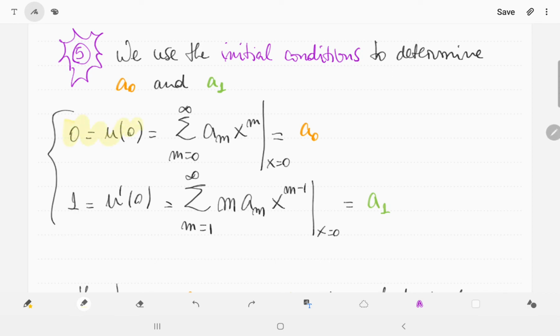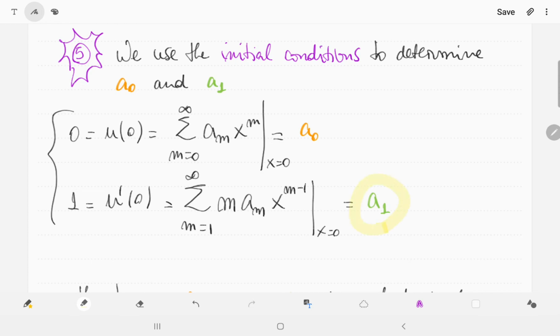The first initial condition was u at 0 is 0. Remember that u is this power series, so when we evaluate this at 0 we get exactly a0, so we have a0 is equal to 0. And the derivative of u at 0 is equal to 1. This is the expression of the derivative of u, and now we evaluate it at 0.